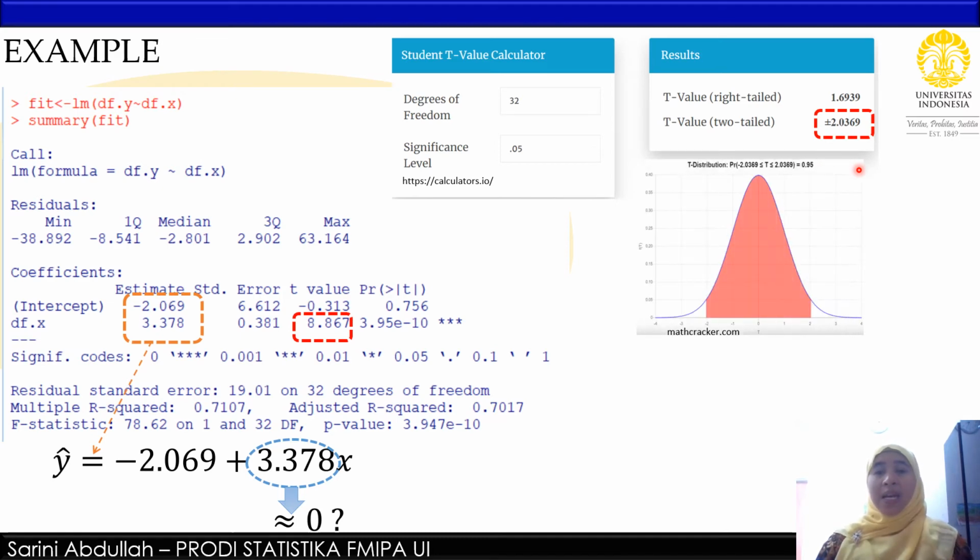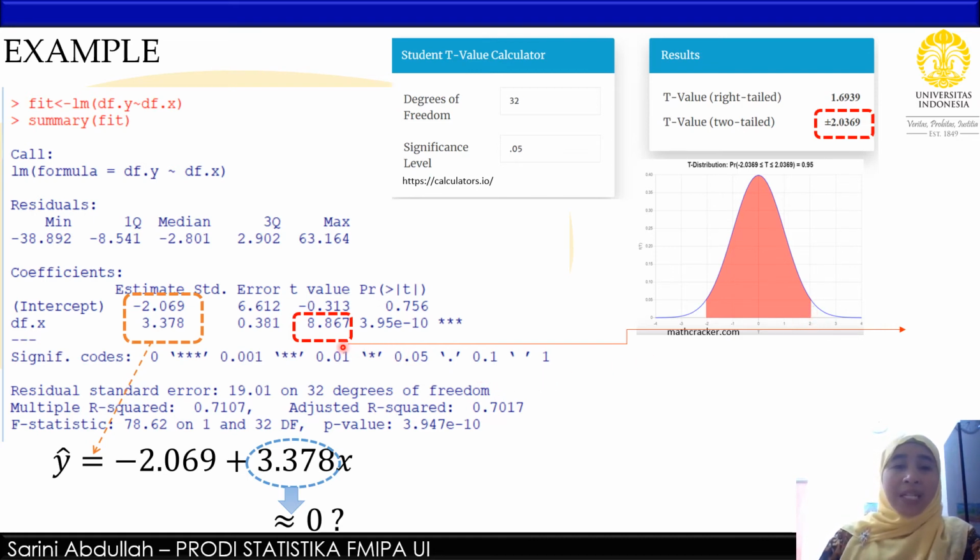And then if we try to display the result in the t-distribution, we have that minus 2.0369 is the critical value on the lower tail, and then plus 2.0369 is the critical value on the upper tail.